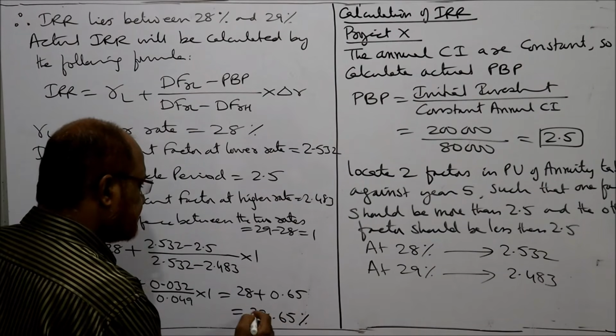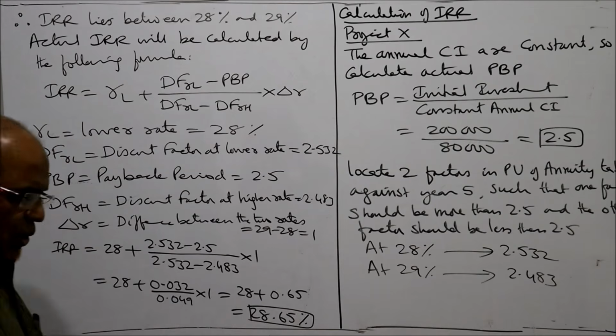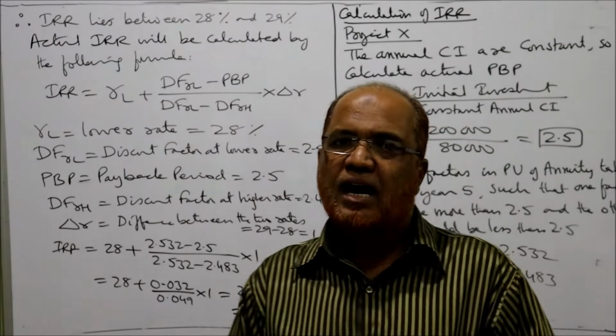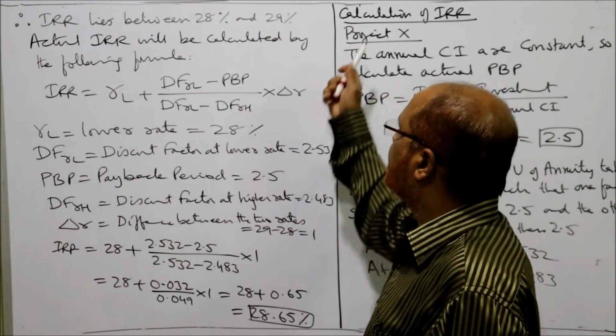That is 28.65. This is the IRR of project X.